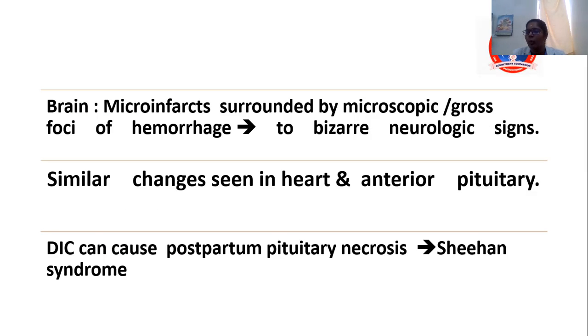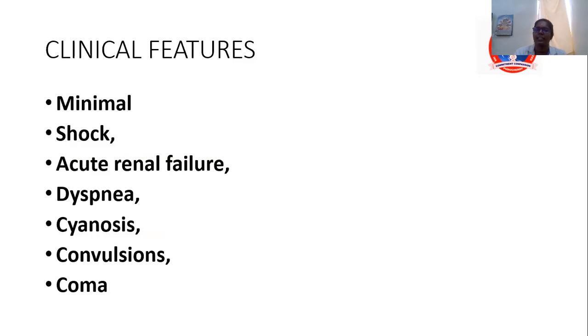And if it involves the brain, then it will go for ischemic necrosis of the brain. Grossly and microscopically, this ischemic area will be surrounded by hemorrhage, leading to bizarre neurological signs. Similar changes are also seen in the heart and anterior pituitary, and in postpartum women, DIC can lead to pituitary necrosis, ending up with Sheehan syndrome.